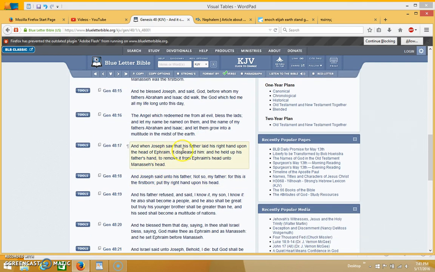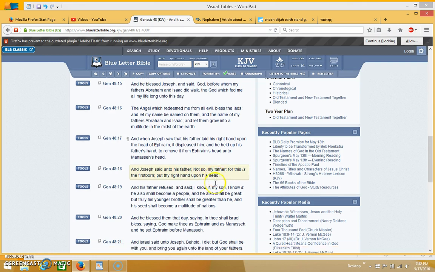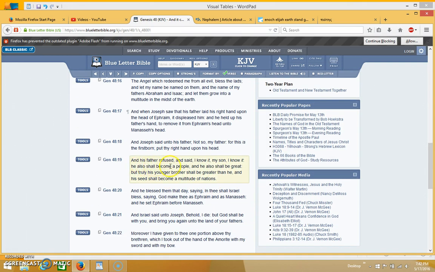"And when Joseph saw that his father had laid his right hand upon the head of Ephraim, it displeased him, and he held up his father's hand to remove it from Ephraim's head unto Manasseh's head. And Joseph said unto his father, Not so, my father, for this is the firstborn. Put thy right hand upon his head. And his father refused, and said, I know it, my son, I know it.